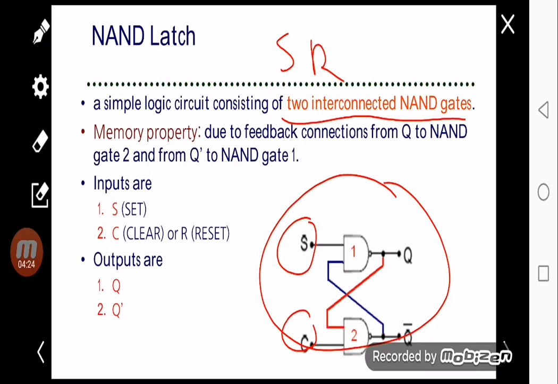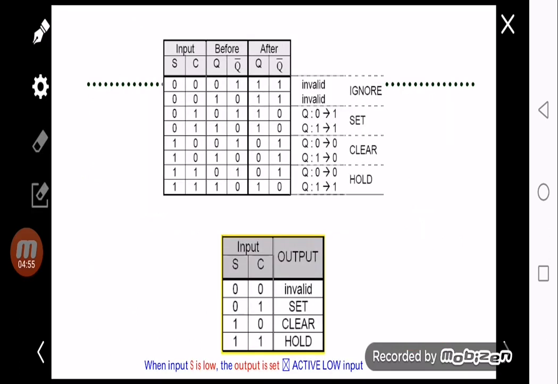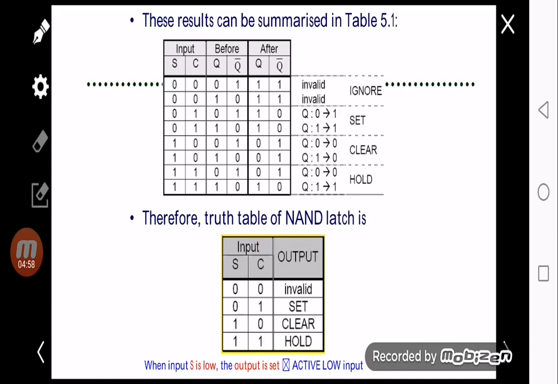Like a switch, we have one that can set or turn on the switch, and one that can turn it off. So there are 2 inputs, set and reset, and reset is sometimes called clear. We have 2 outputs, Q and Q bar, where Q is the output and Q bar is the complement or inversion of Q.